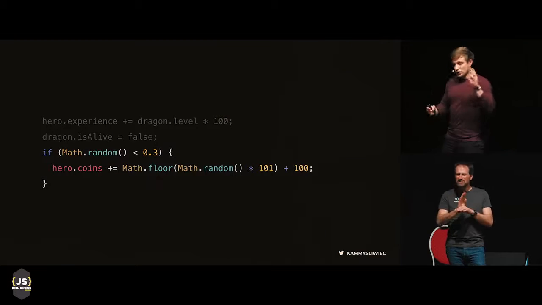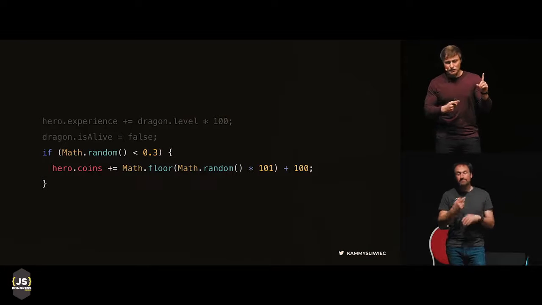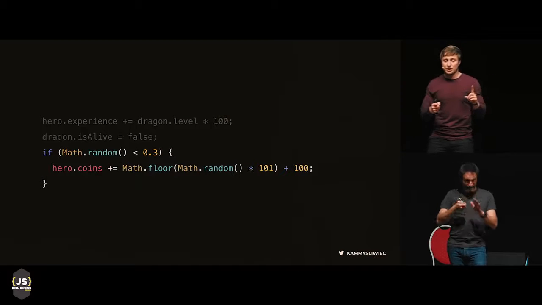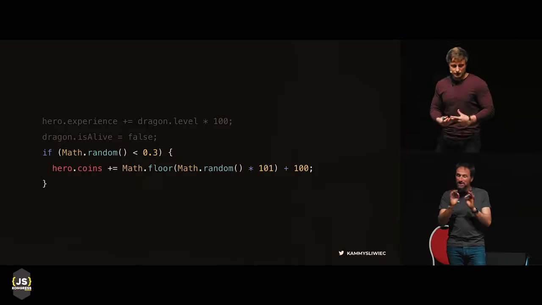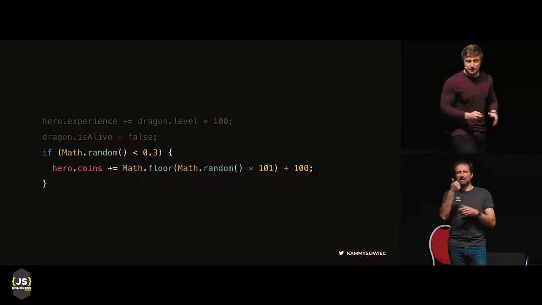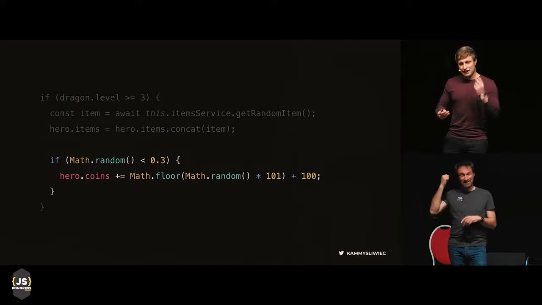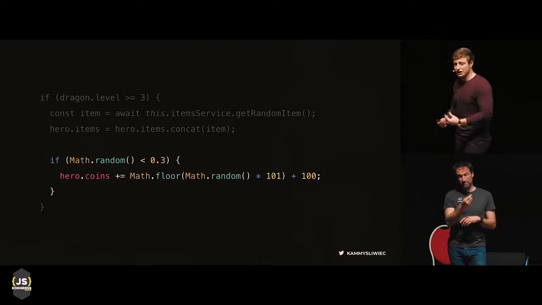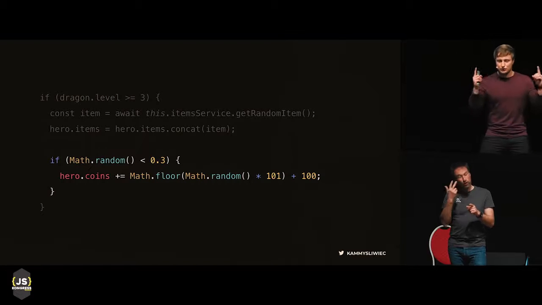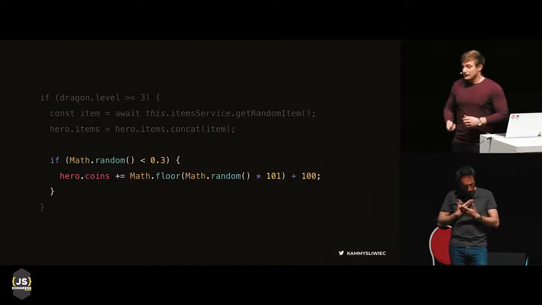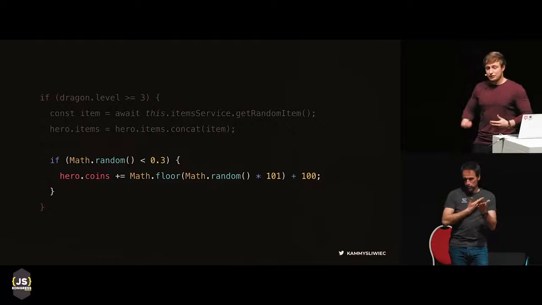There is one way: every time the hero kills the dragon, there is a 30% probability to get a random number of coins. Quite simple. The second thing, every time the hero gets an item, there is, again, a 30% probability to get coins. So we have 2 different ways to get coins. And actually, that's it. That's our game.